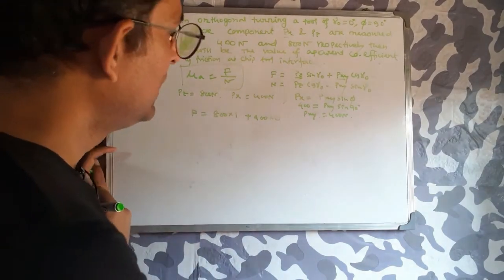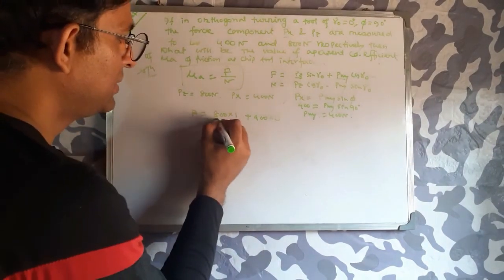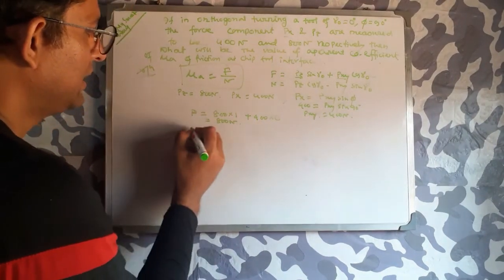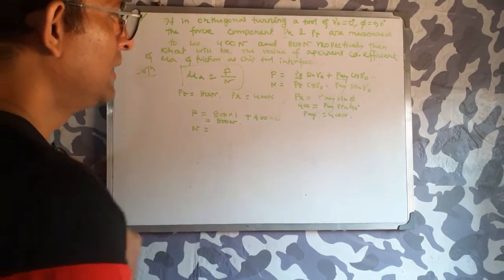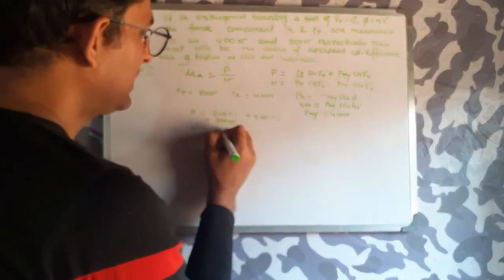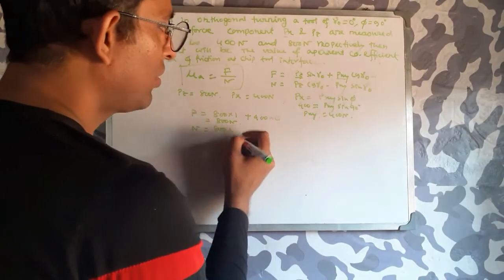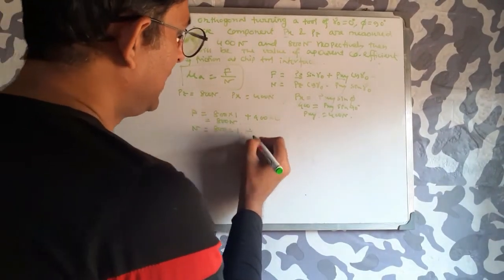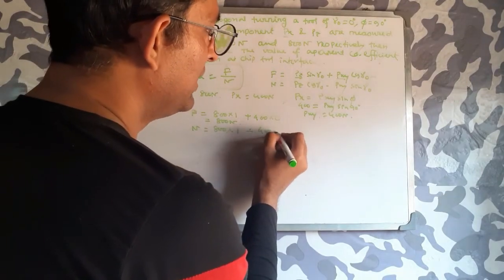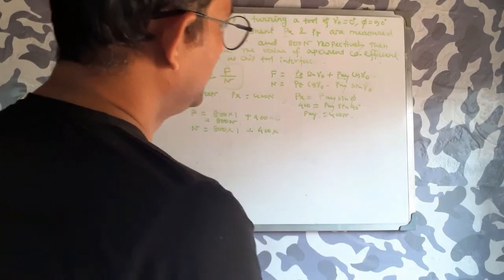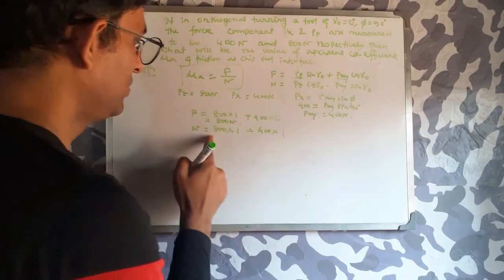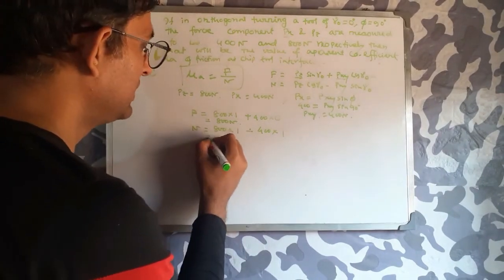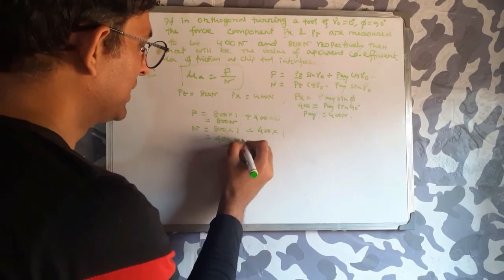So you got the value F is equal to 800 Newton. Similarly, N is equal to Pz, 800, into cos gamma 0, which is 0, minus 400 into sin 90, which is 1. So N is equal to 400 Newton.